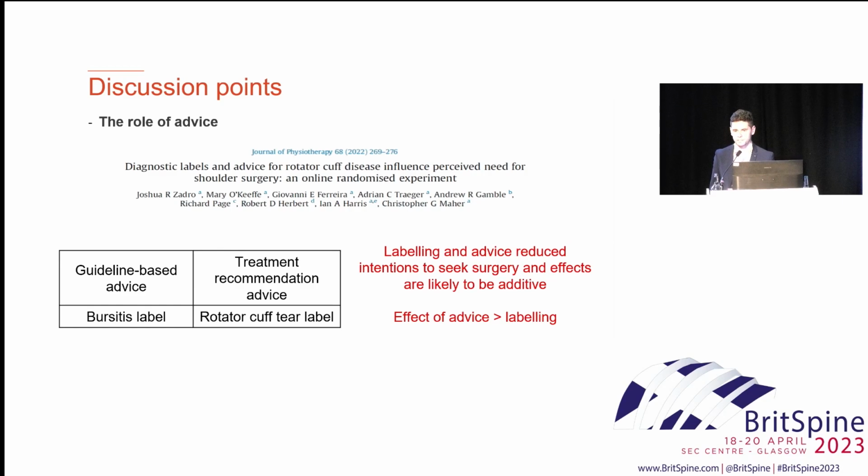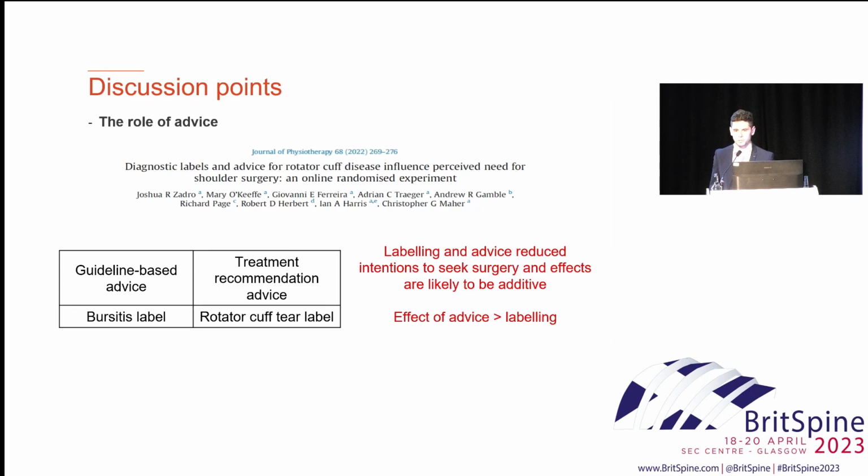We had done already some work investigating different labels for shoulder pain, and we had found that bursitis is perceived by patients as a less threatening label compared to, for example, rotator cuff tears. So we took those two labels, and we also presented people with guideline-based advice or advice that you commonly see online, which is to seek treatment.